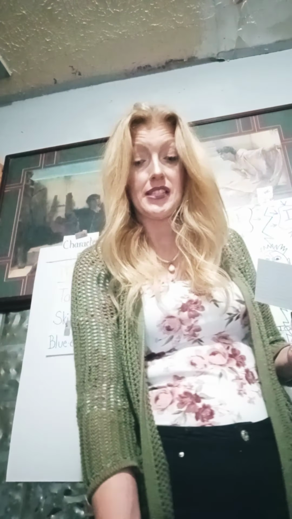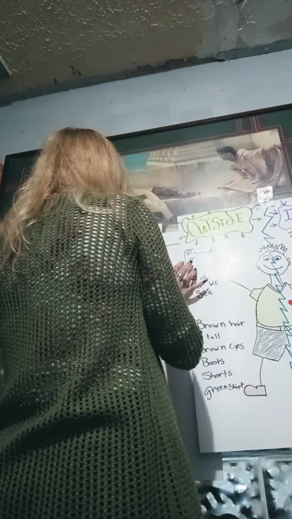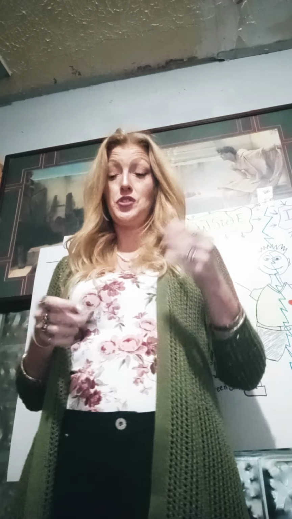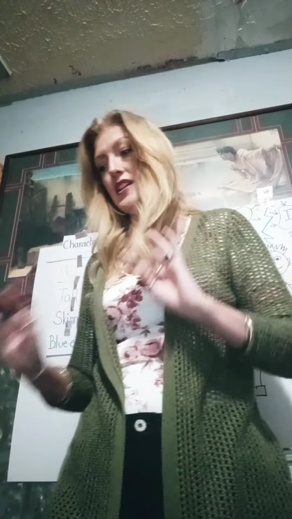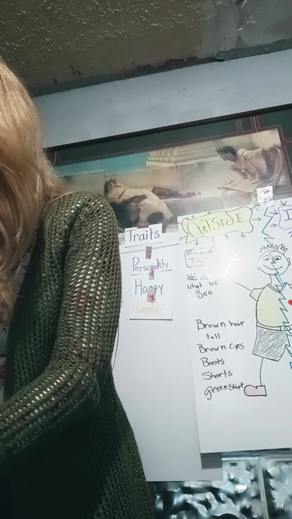Humble. Is humble a personality trait or is it a physical? Personality. Personality, very good. How do you know? Because that's kind of like a feeling. You're right. Can you see humble? Like am I wearing a humble? No. No. So it's definitely a personality, right?